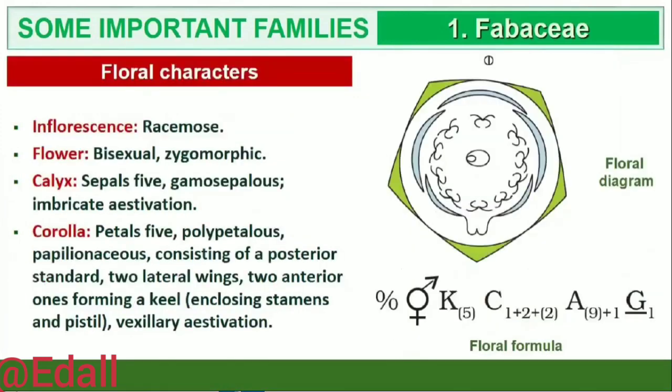Floral characters: inflorescence racemose. Flower bisexual, zygomorphic. Calyx, sepals 5, gamosepalous, valvate, imbricate aestivation. Corolla, petals 5, polypetalous, papilionaceous, consisting of a posterior standard, 2 lateral wings, 2 anterior ones forming a keel, enclosing stamens and pistil, vexillary aestivation.